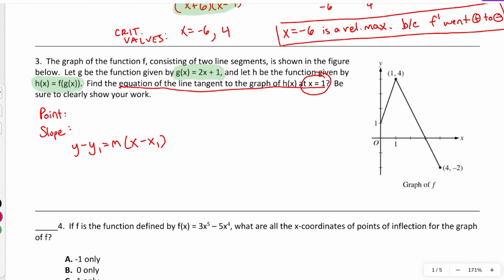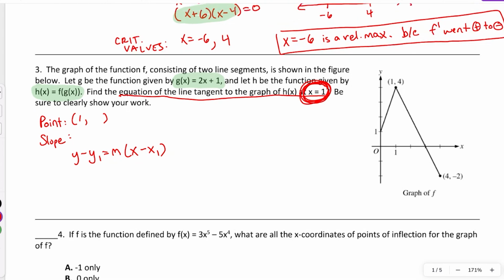So we want the line to be tangent at x equals 1. So 1 is going to be the x-coordinate of the point. To find the y-coordinate, this y1, we're going to evaluate the original function, h, sorry, not f, but h at 1. And then to find the slope, our m, we're going to evaluate the derivative of h at 1.